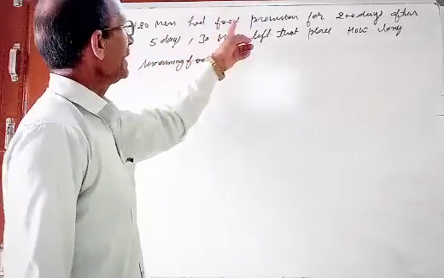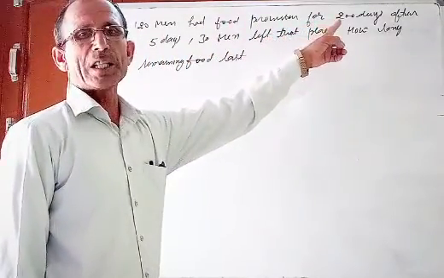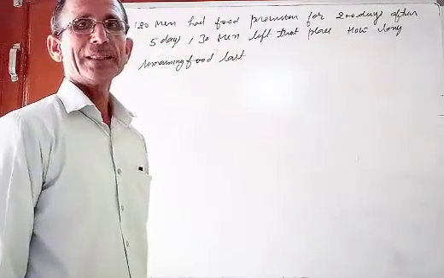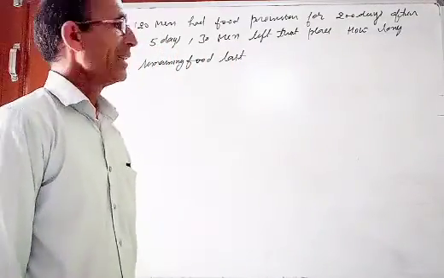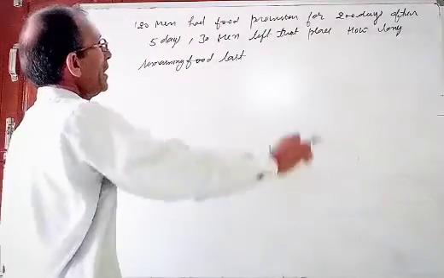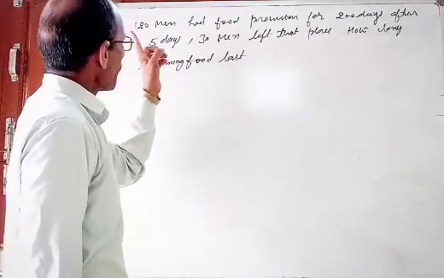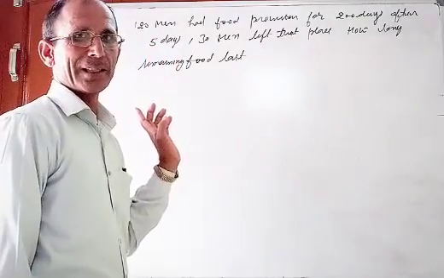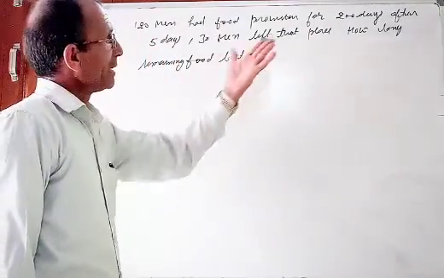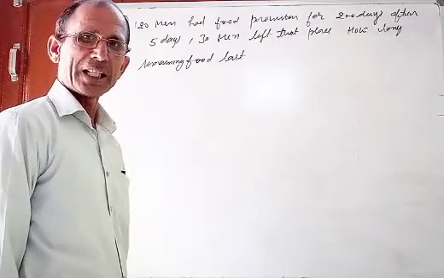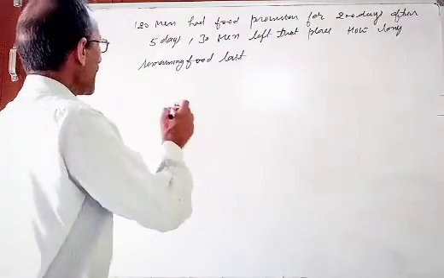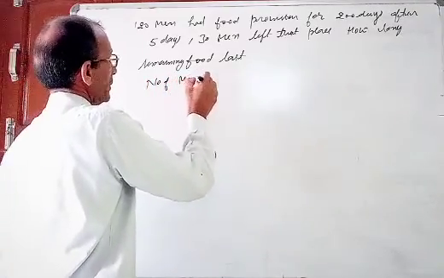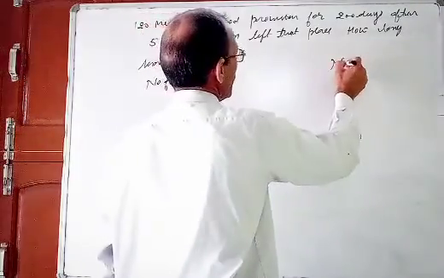So 120 men had provisions for 200 days. After 5 days, how many left? 30 men. So after 5 days, the food left is for 195 days. You can find it like this: number of men, number of days.